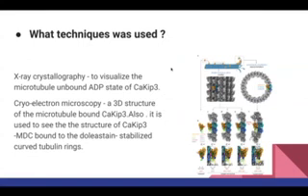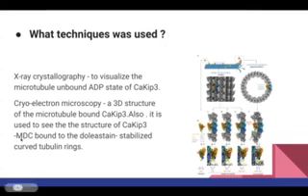The techniques that were used in this article are X-ray crystallography to visualize microtubules in the ADP-bound state of CA-KIP3. Second is cryo-electron microscopy, a 3D structure of the microtubule-bound CA-KIP3, also used to see the structure of CA-KIP3.